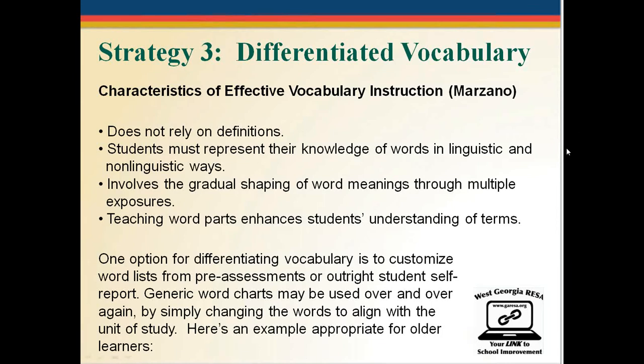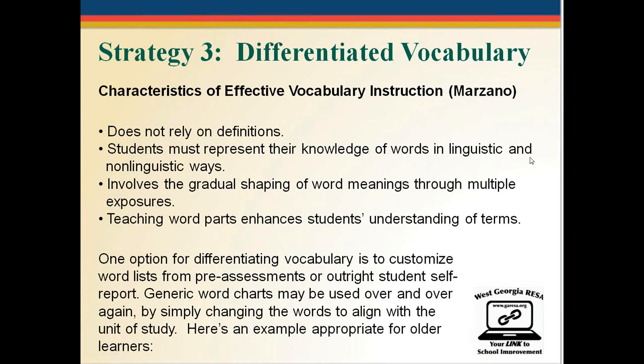Instead, a deeper vocabulary instruction involves students representing what they know about words in linguistic and non-linguistic ways, drawing pictures, acting words out, discussing words. It involves a gradual shaping of word meanings and also direct teaching of word parts.